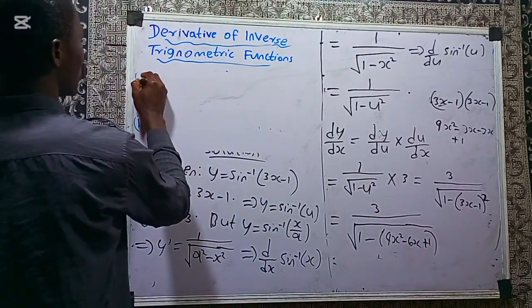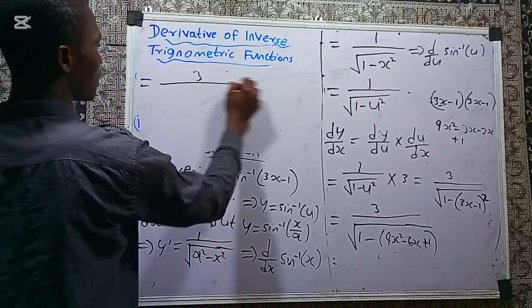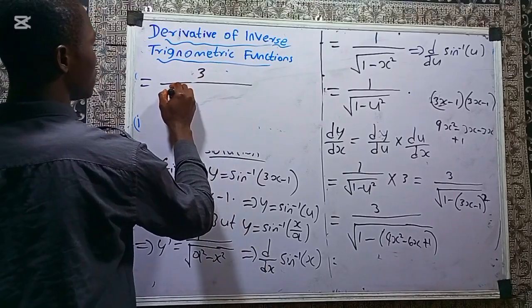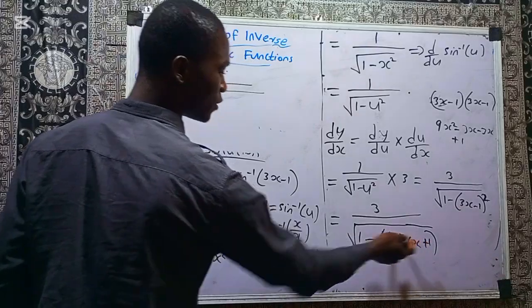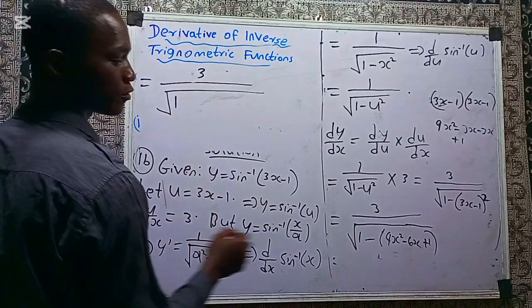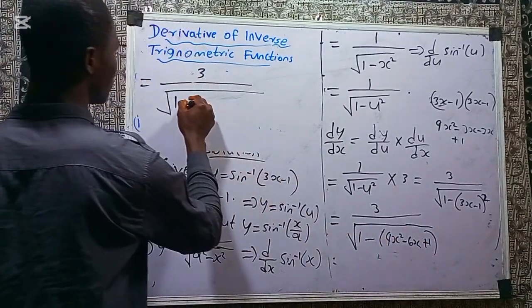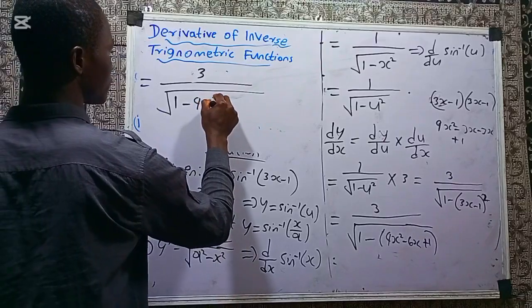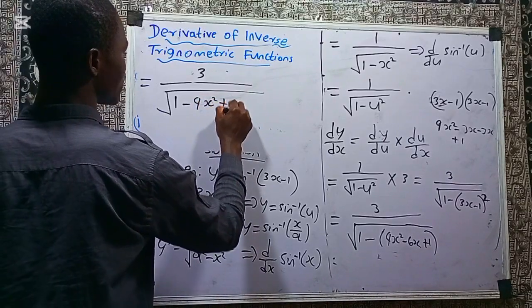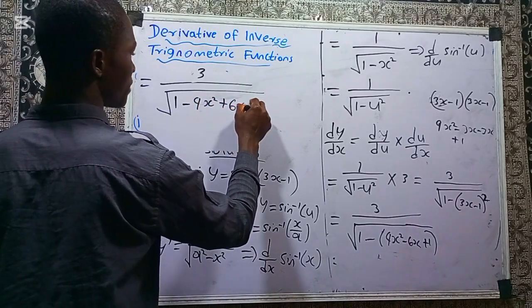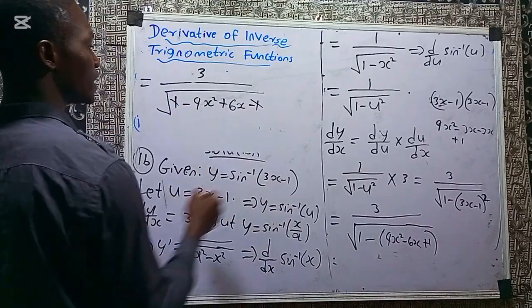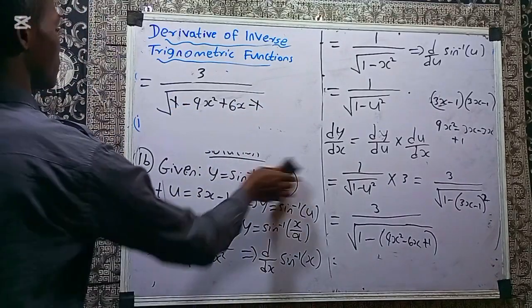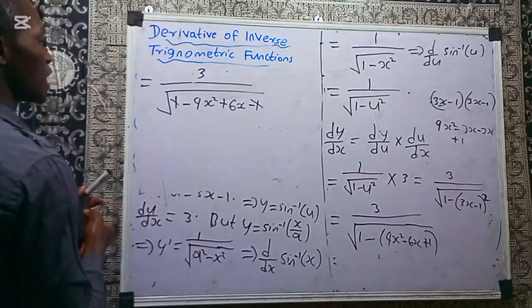This will be equal to 3 over square root of, if you open this bracket with the minus, remember I have 1 before, so 1 minus 9x squared plus 6x minus 1. So 1 and negative 1 get cancelled.